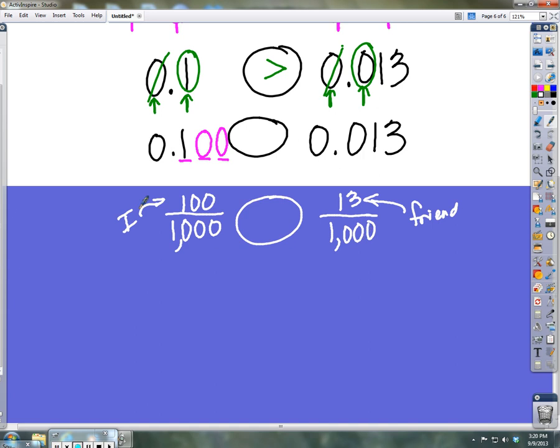Well, obviously, I ate more. So 100 thousandths is greater than 13 thousandths. Since 1/10 is equivalent to 100 thousandths, this is why 1/10 is greater than 13 thousandths. So you can also add zeros to the end of whichever decimal number you need to in order to compare them to each other.